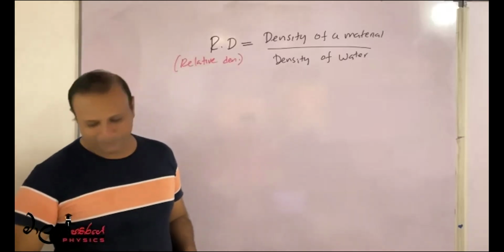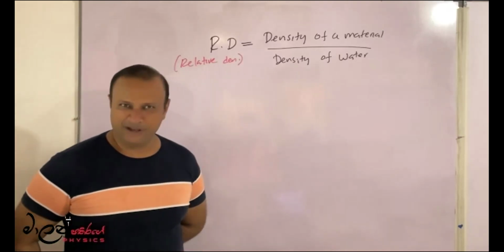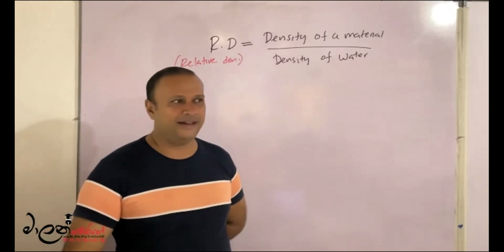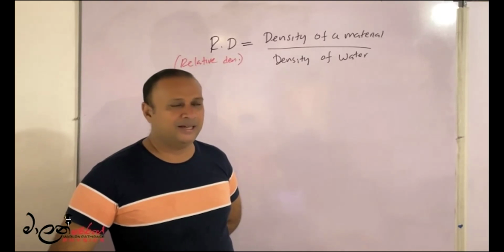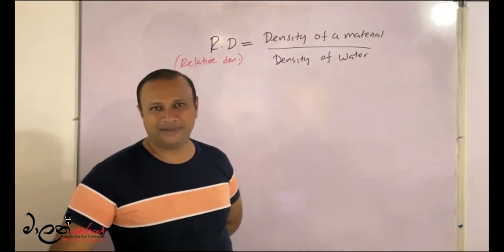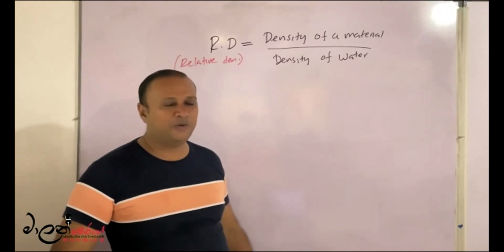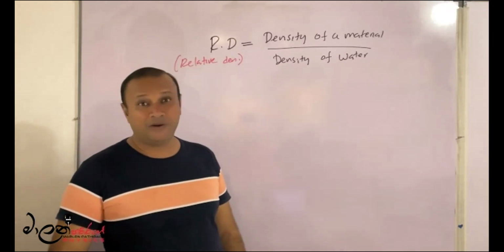Therefore, normally the velocity is not just velocity, it should be a velocity relative to some observer. So that's called relative velocity. Relative velocity is the velocity. It is not a different thing.